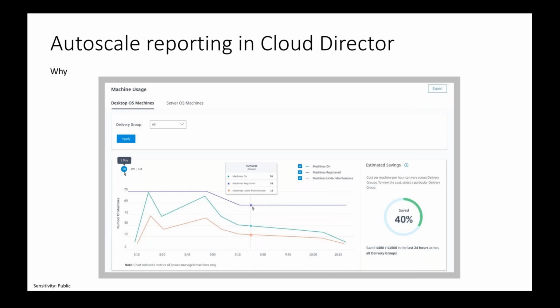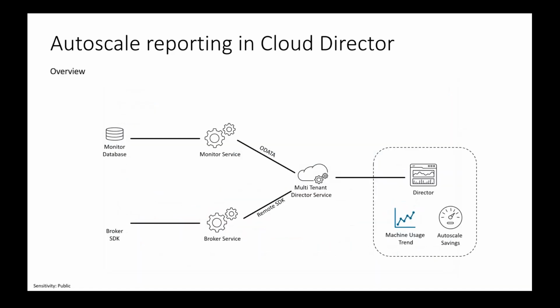And we can see that over a trending period of time. You can see in the example here, a day, a week, a month, et cetera. So again, a lot of capabilities here.